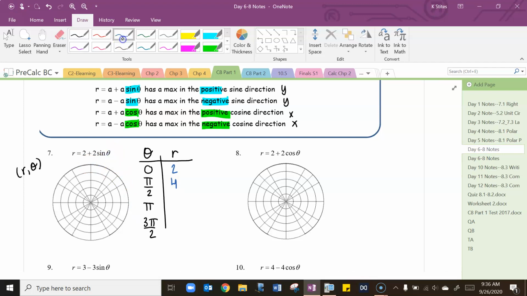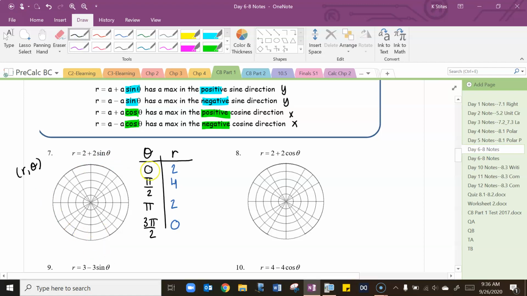Okay, next we're on pi. Well, sine of pi, that's over here, that's 0 again. So this is just 2. Sine of 3 pi over 2, that's down here, that should be a negative 1. So we have 2 times negative 1 is negative 2. 2 plus negative 2 is 0. Okay, and now we'll graph.